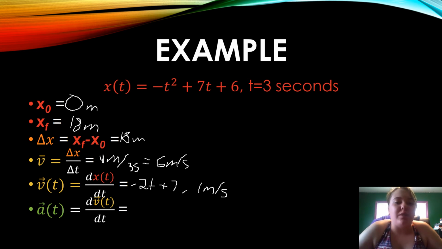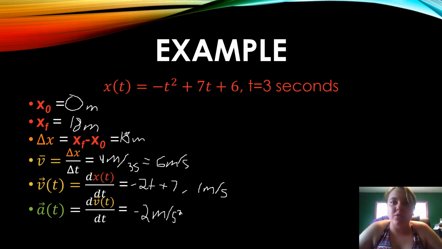To find acceleration, we take the derivative of our velocity function, and that's simply negative 2 meters per second squared. And notice that this is constant.